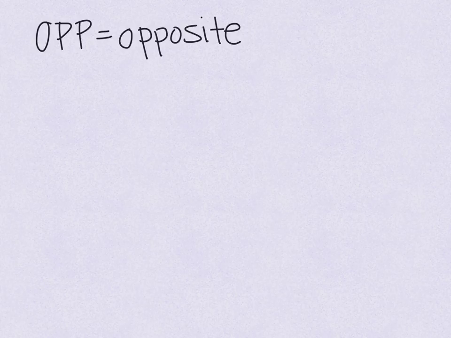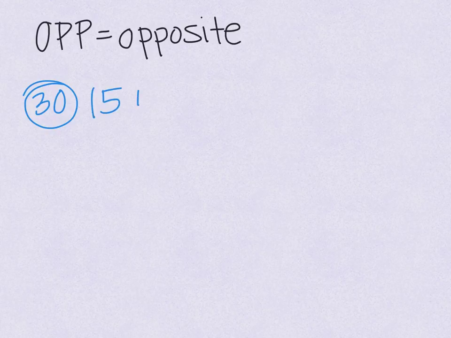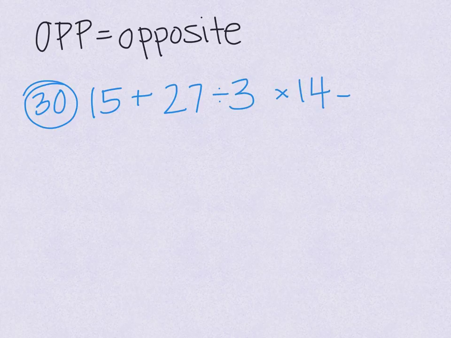Looking at numbers 29 through 34, you are supposed to follow the order of operations. So we're going to look at number 30. Number 30, we have 15 plus 27 divided by 3, that's what that slash means, divided, times 14.